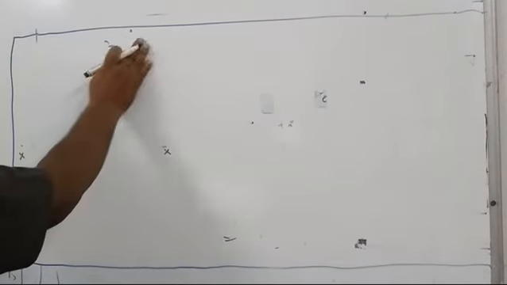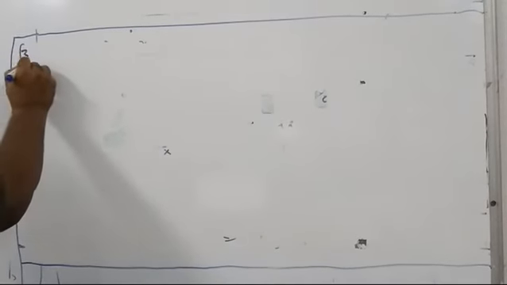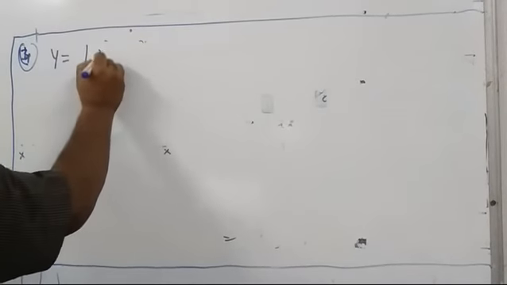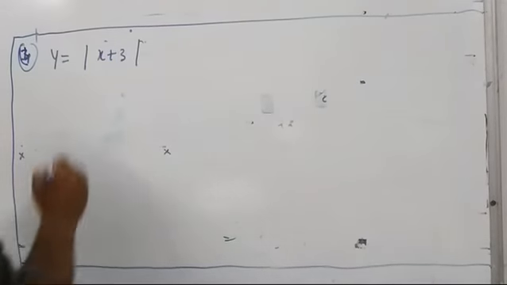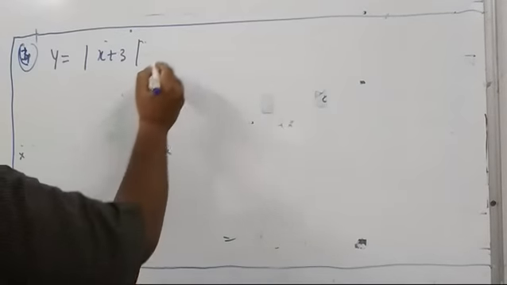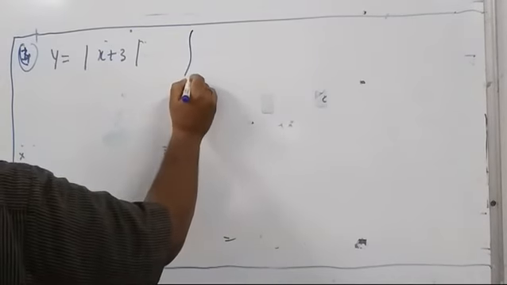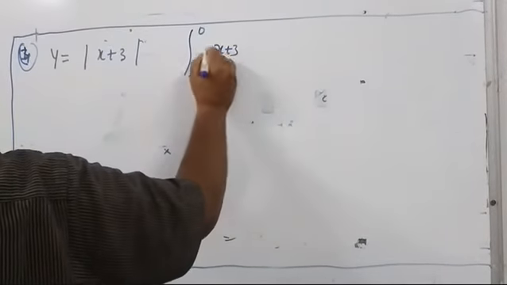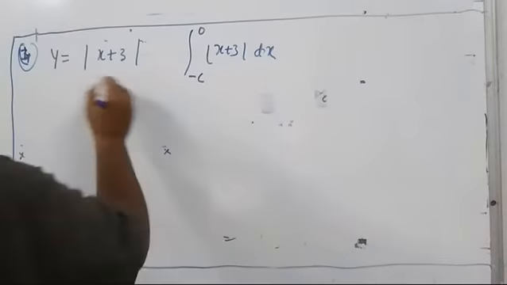They have written there: sketch the graph of y is equal to mod x plus 3, and evaluate the integral from minus 6 to 0 of mod x plus 3 dx.